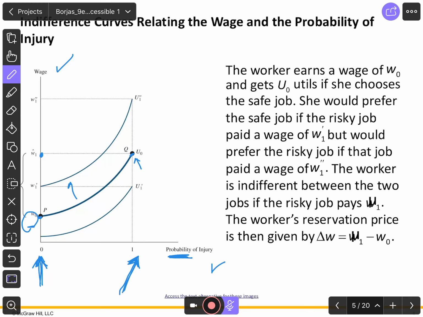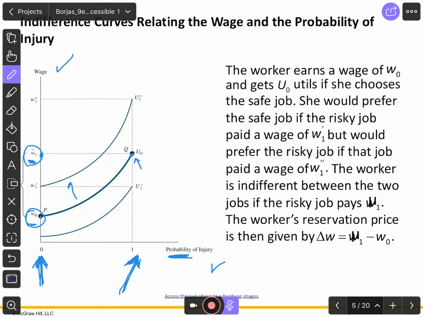The difference between W1 hat and W0 is how much I need to pay more for the worker who used to be at zero probability of injury, now moving to a probability of injury of 1, holding utility constant because we are on the same indifference curve. This is the amount you need to bribe the worker to accept a probability of injury of 1.